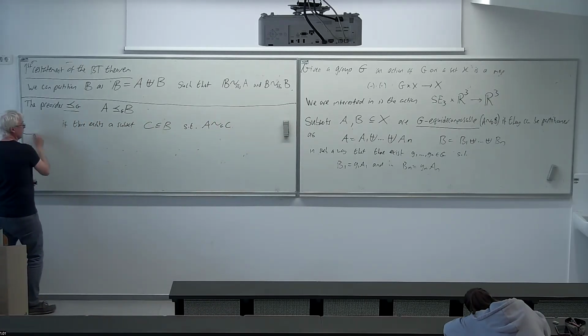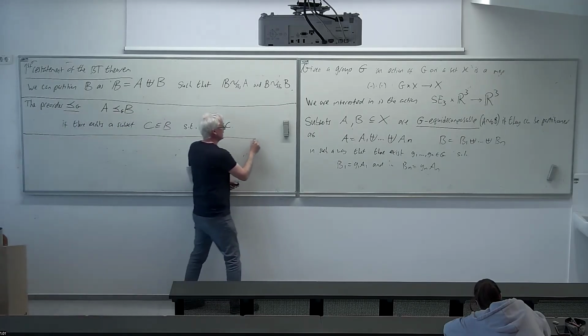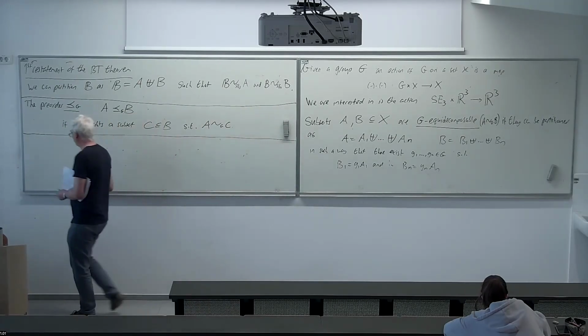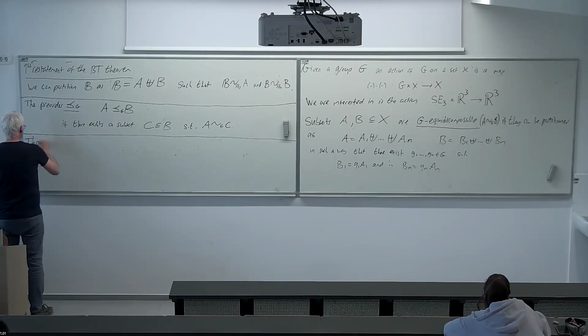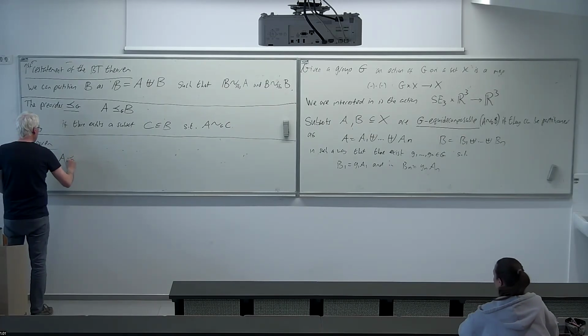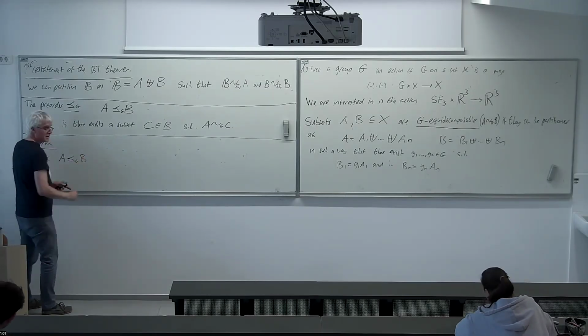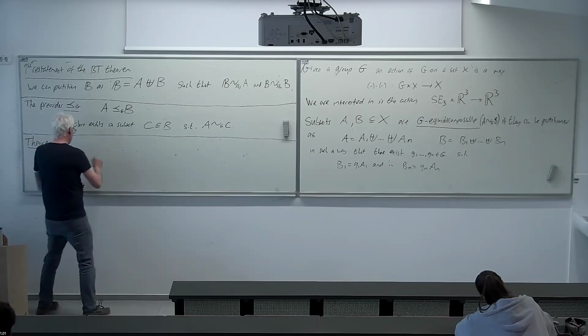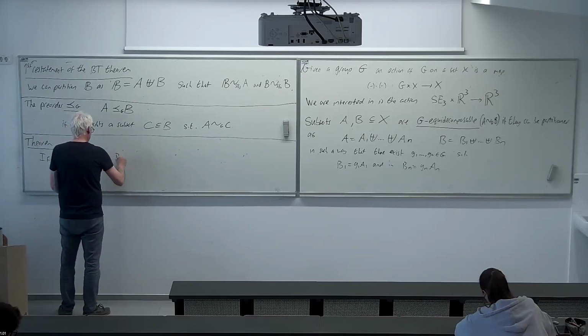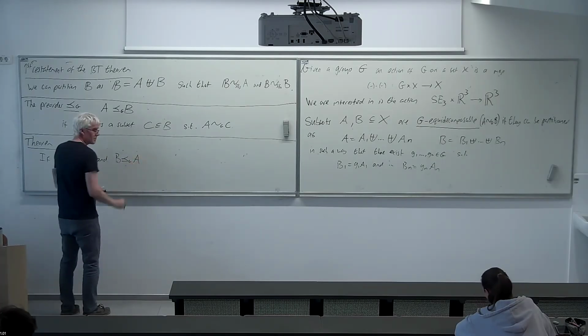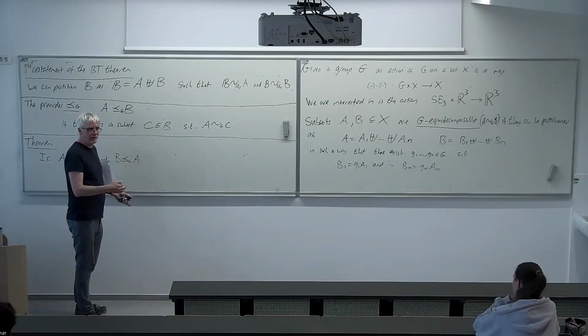And there's a beautiful result about this, which is that if we can decompose A and move it around to get a subset of B, and we can decompose B and move it around to get a subset of A, then they're equidecomposable.